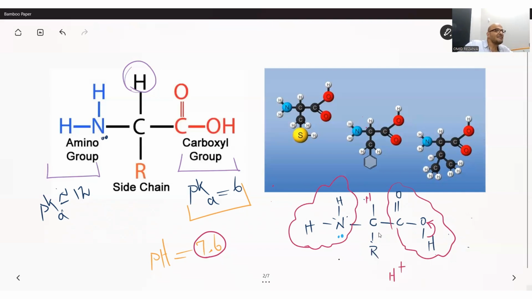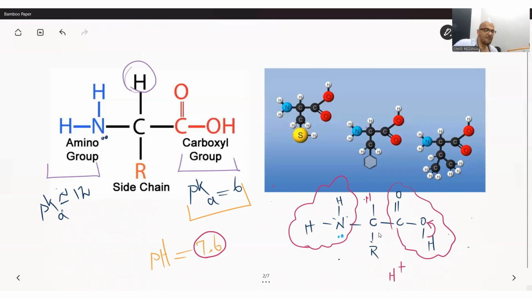This means that now the environment is more acidic relative to the amino terminus. If that's the case, what is the role of the environment right now? It becomes more acidic because its pKa value is smaller compared to the amino group. Then as a result, if the role is acidic, it is going to kick out the hydrogen.